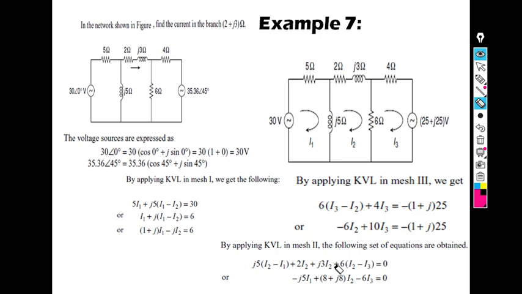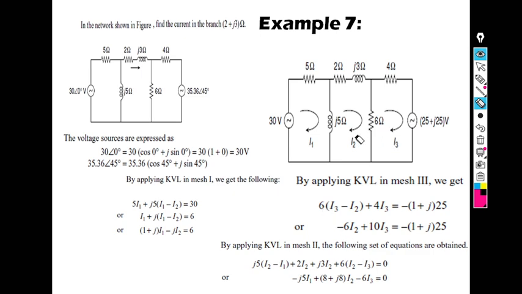So first write your actual equation and then do addition, subtraction, multiplication, whatever you want to do, right? So 2I2 plus J3 I2 plus 6 into I2 minus I3 equals 0. Complete.